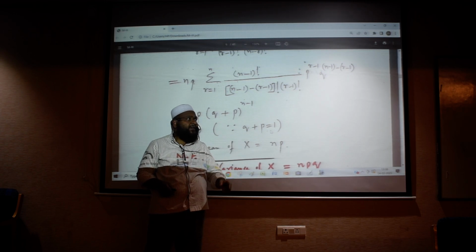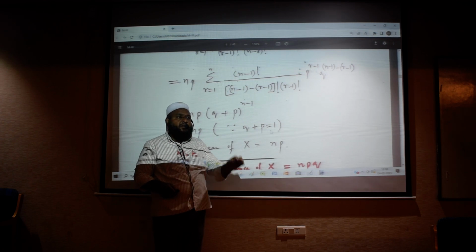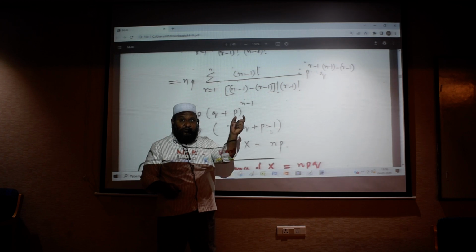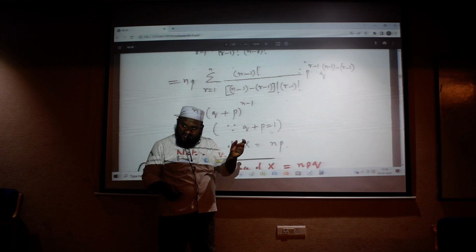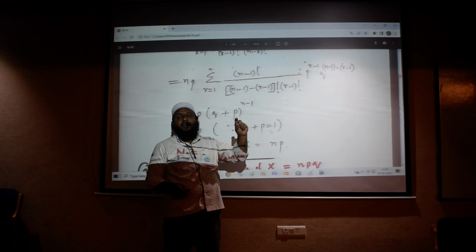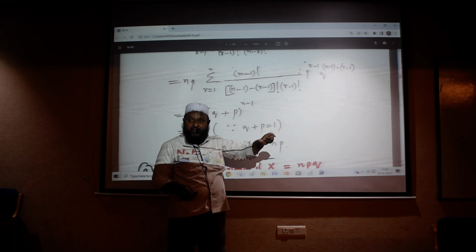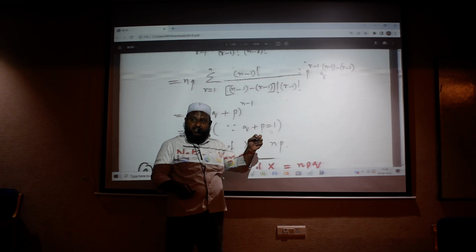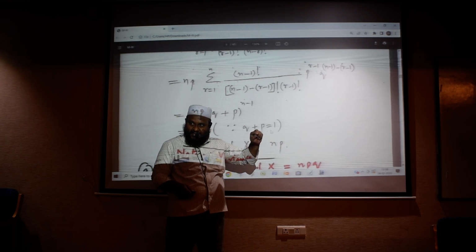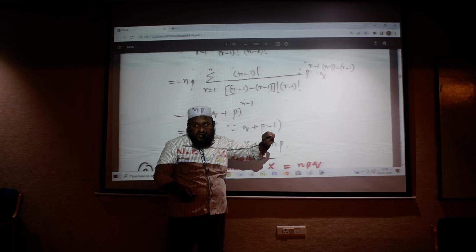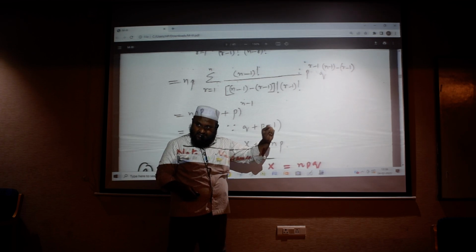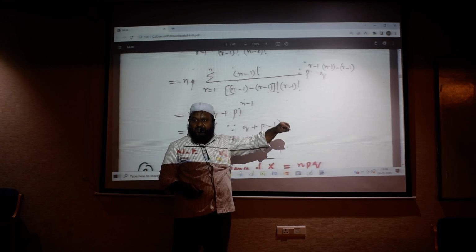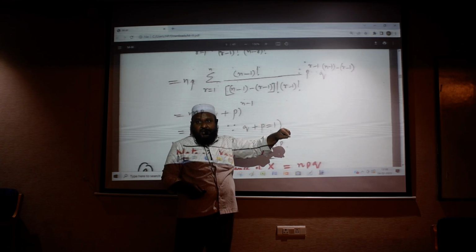As per the binomial theorem, (x plus y) whole power n is nC0 x to the power of n into y to the power of 0, plus nC1 x to the power of n minus 1 into y to the power of 1, and so on.